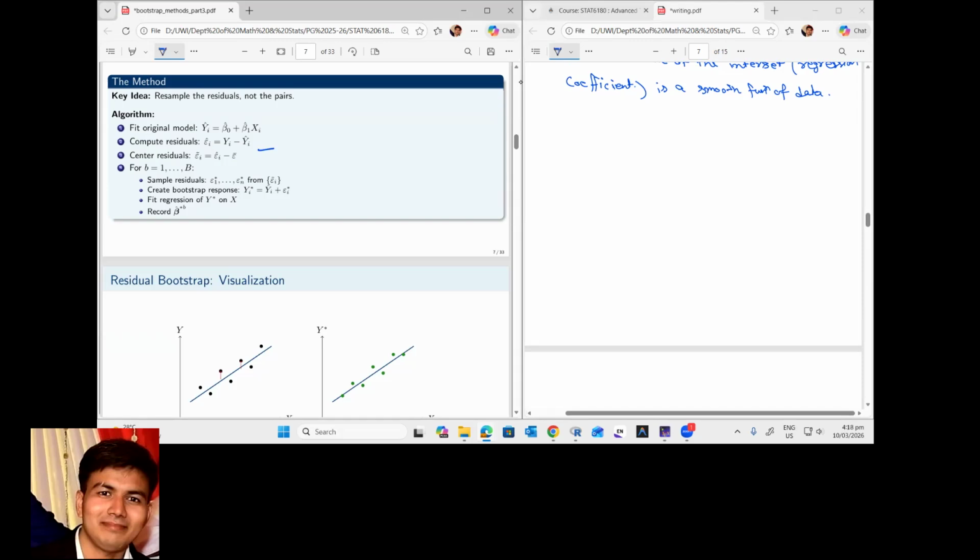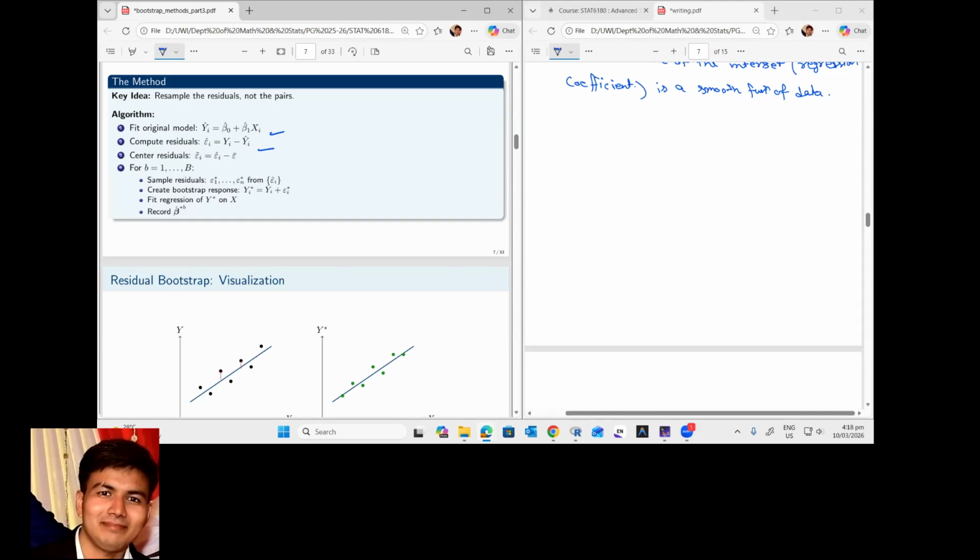So the residual bootstrap leverages this structure by keeping x fixed and resampling the residuals. In that method, the algorithm will remain that we fit the original model for the given data as we have done in the paired one. The fitted values represent the estimated systematic part, so it will remain the same.